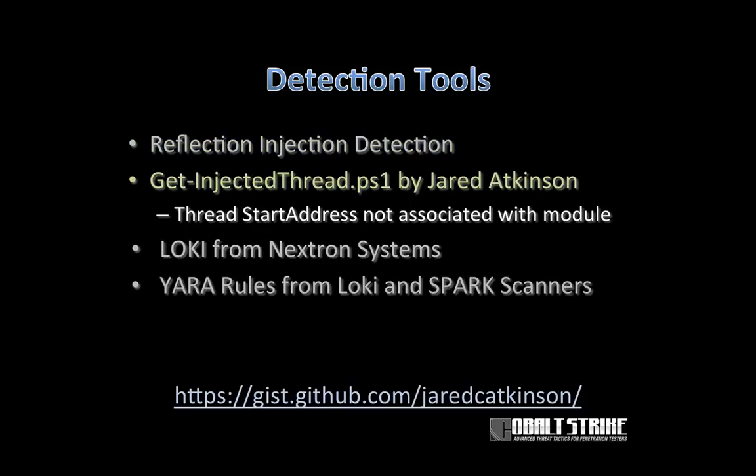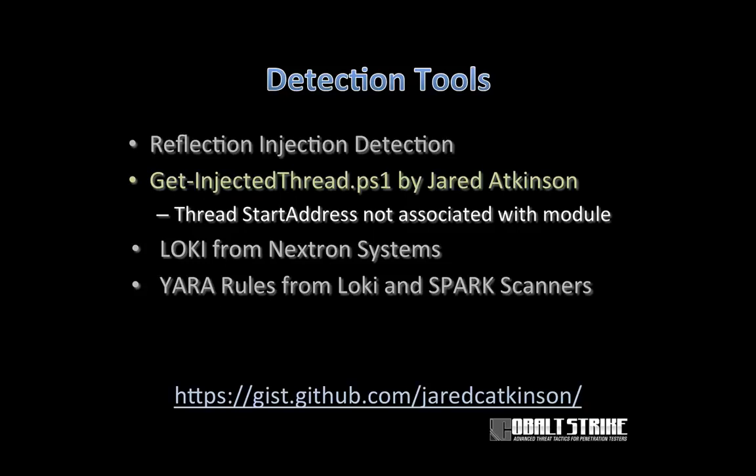Another favorite that I got to experience firsthand at an exercise before I learned that my own employee wrote it is Get Injected Thread by Jared Atkinson. Get Injected Thread is a PowerShell script that walks through the threads on a system and looks for any threads that have a start address not associated with a module on disk.